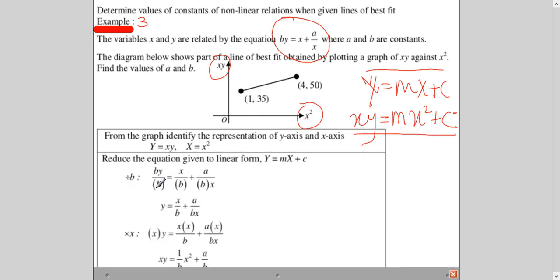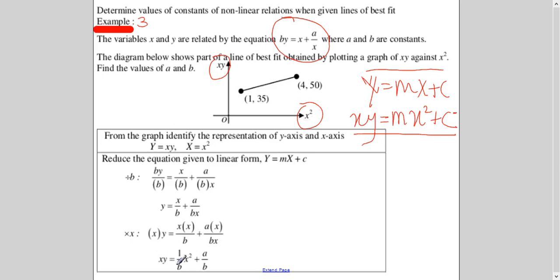First of all, divide by b throughout. After that, multiplying by x, and we get this. You can try it in your copy yourself. It's always better to write it down, because in mathematics you practice, you remember. If you just listen, you forget. So I got xy plotted against x squared, which is a perfect form.